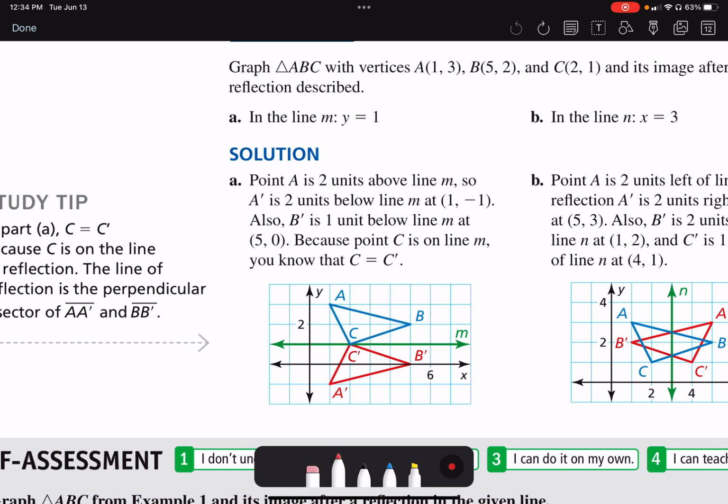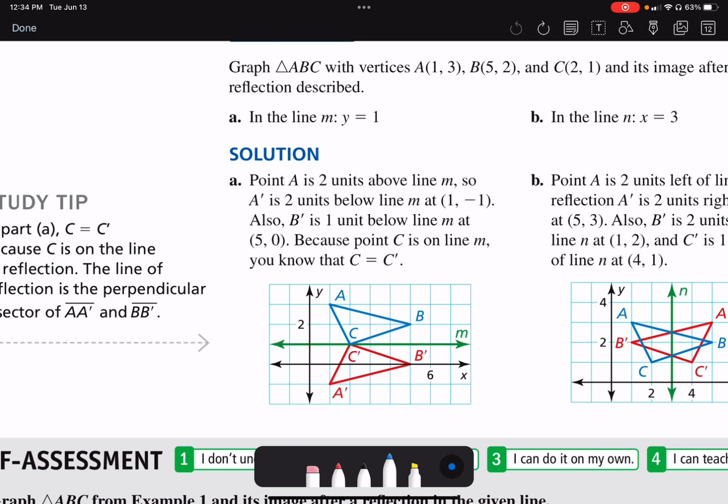They want us to reflect it where y is equal to 1, right? So we have this line M, where y is equal to 1. This is the line, and they want us to reflect this triangle over that line. Watch this. It's actually pretty simple.